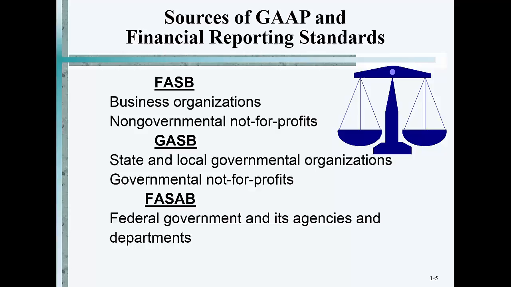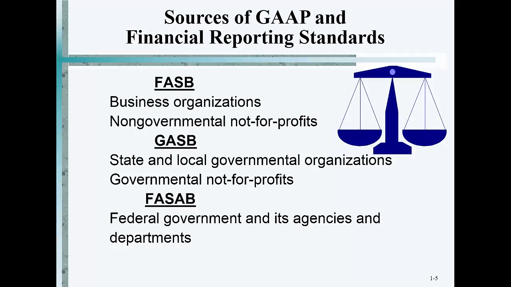Is different than what you would do if you were a for-profit organization. Okay? We spend more time, probably 2/3 or 75% of the course, looking at GASB, because GASB is an entire standard setting body that does what? That writes all the standards for a particular area of accounting dealing with state and local governments. Okay, but they are part of the same organization, the Financial Accounting Foundation.